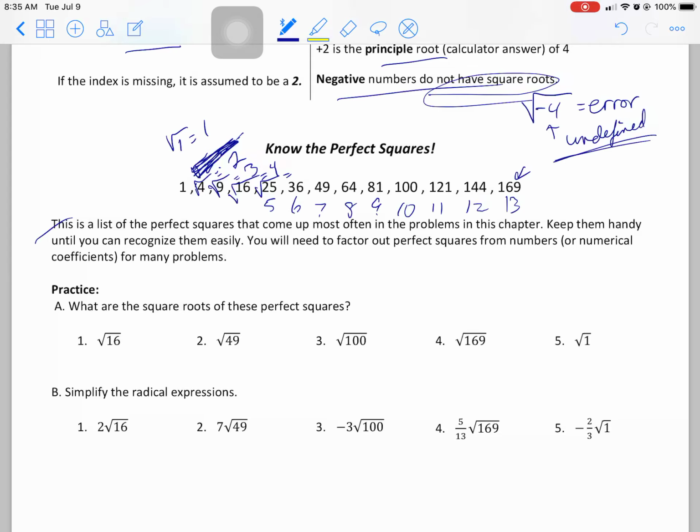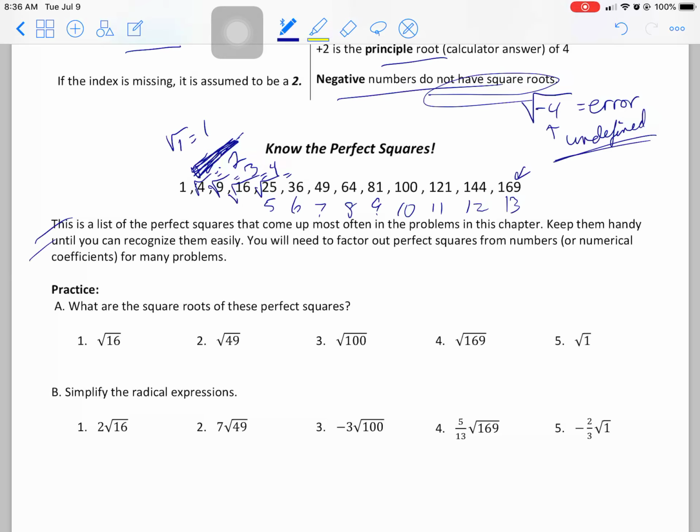In fact, you're going to be wanting to factor out the greatest perfect square that's a factor of the number you're looking at. So it's really important to keep them handy. Keep them handy on a card. If you're a flashcard person, put them on a flashcard, or just keep a list of them handy. Repeatedly write them down until you have them memorized. Because it's going to help you in the long run, okay?